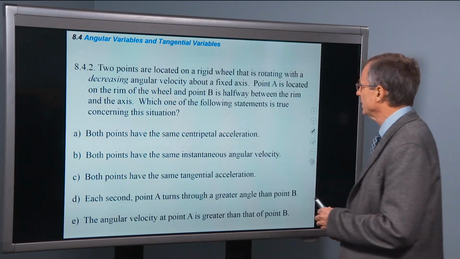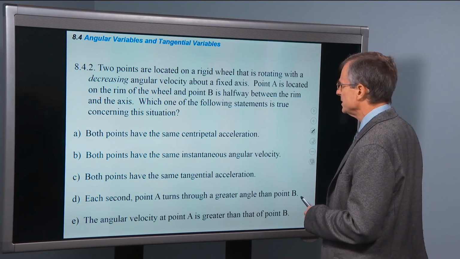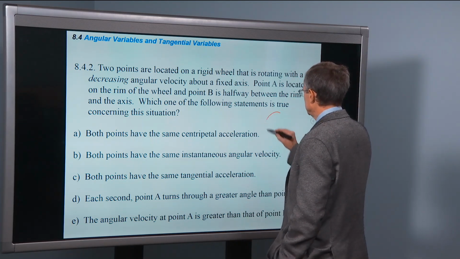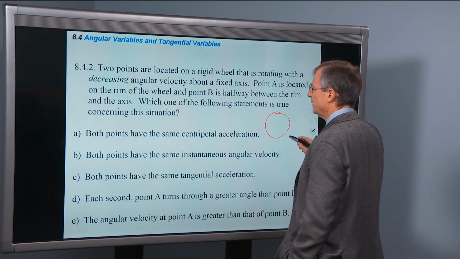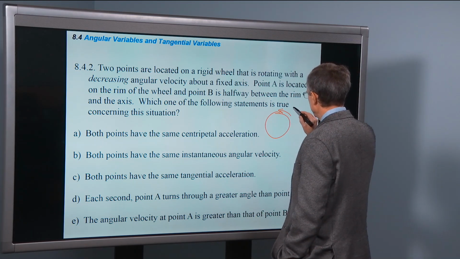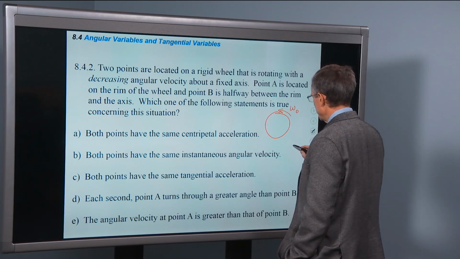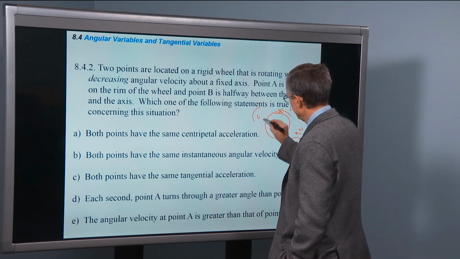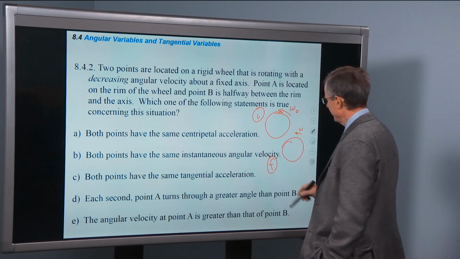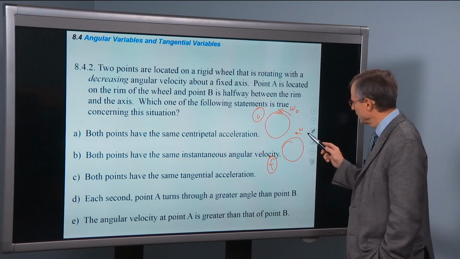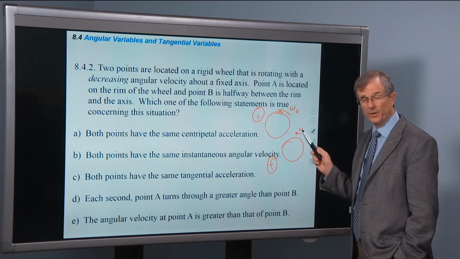Two points are located on a rigid wheel that is rotating with decreasing angular velocity about a fixed axis. So we've got a wheel. It's rotating with decreasing angular velocity. So let's say this is our initial situation, and this is our final. I'm just denoting the final with, hopefully, the same size circle here, but with angular velocity that's less.